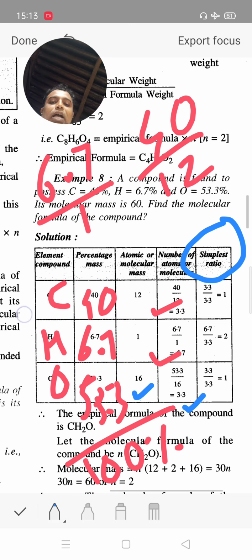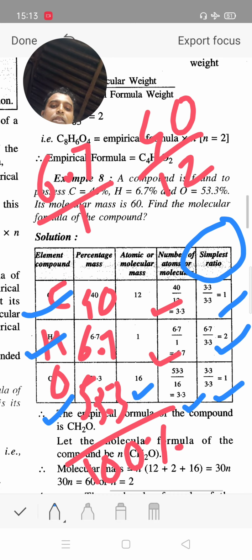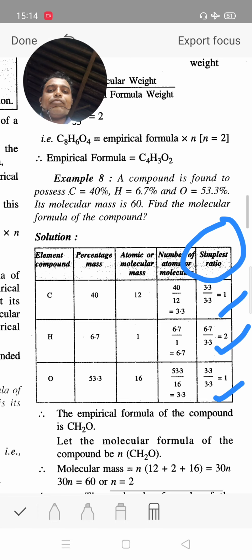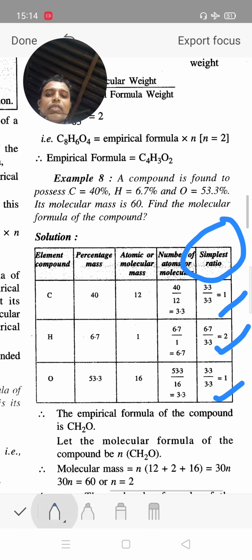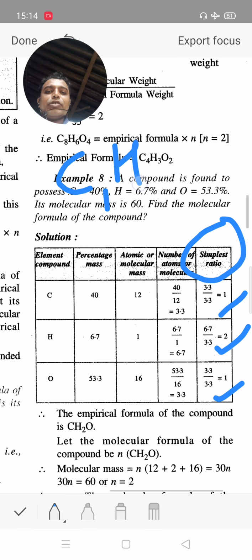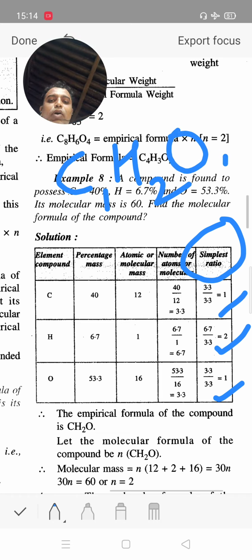Then we get carbon 1, hydrogen 2, oxygen 1. In this example, carbon 1, hydrogen 2, oxygen 1 is the empirical formula.